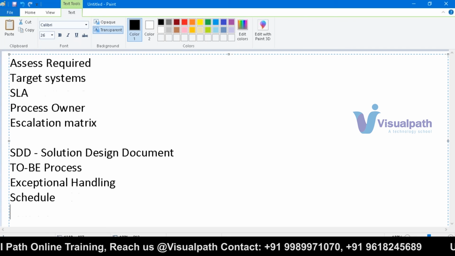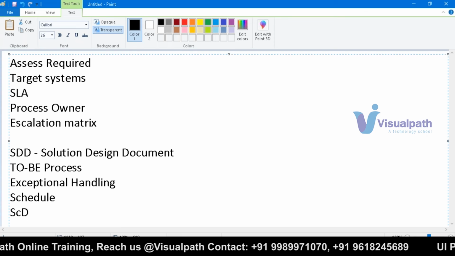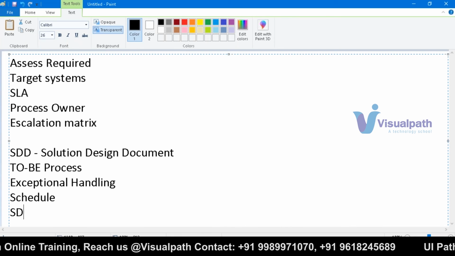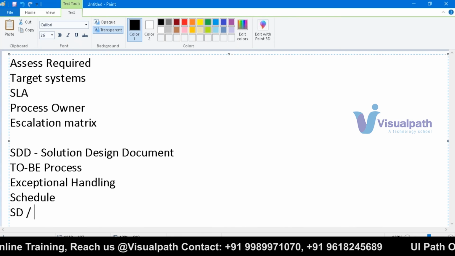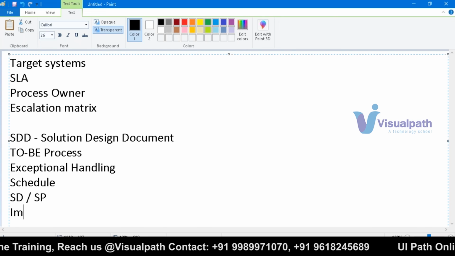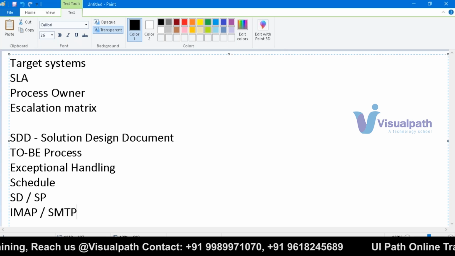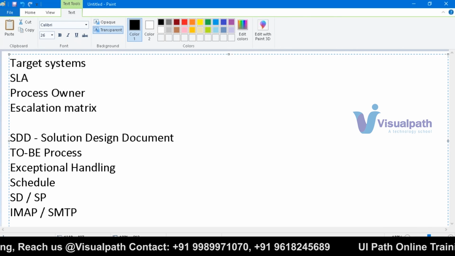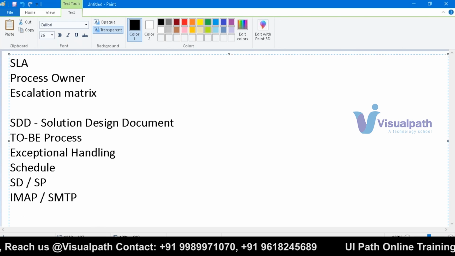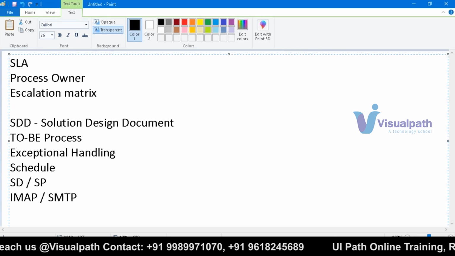Okay. You also need to specify if there are any share drive or SharePoint paths that are part of the process. You also need to specify, we have not come to this, but IMAP, SMTP protocol information. This is for sending and receiving emails.